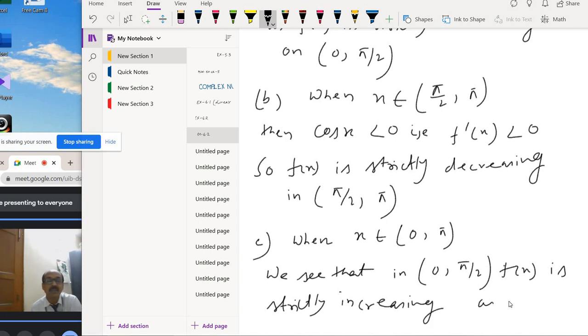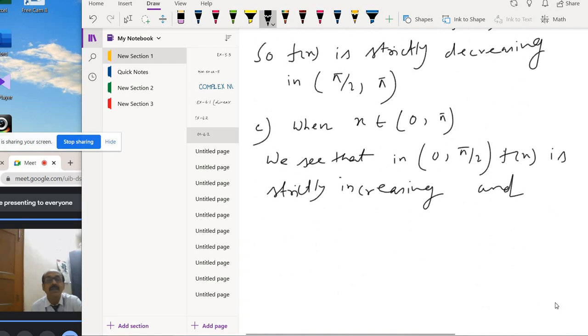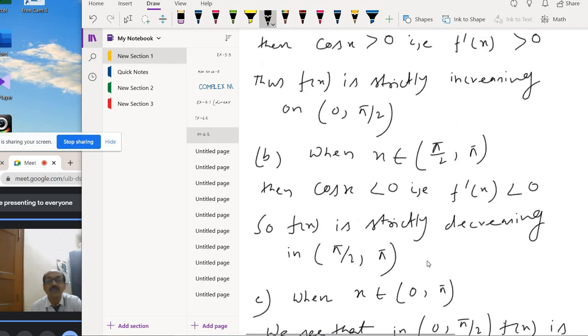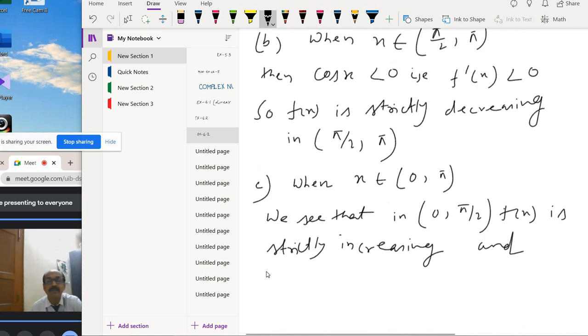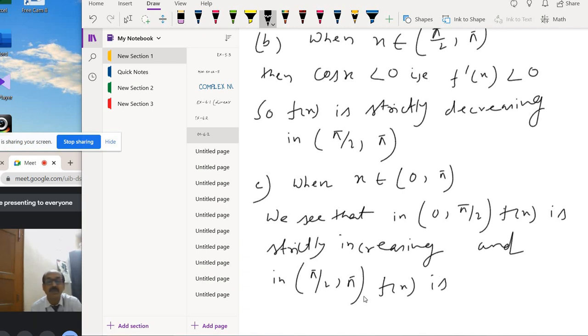And in the interval pi by 2 comma pi, f(x) is strictly decreasing.